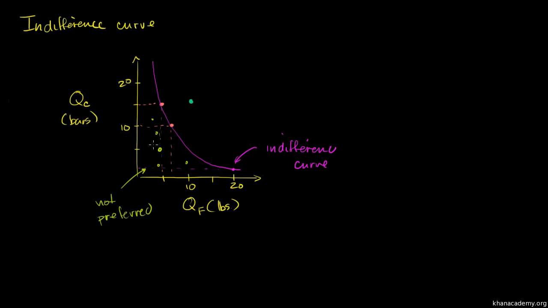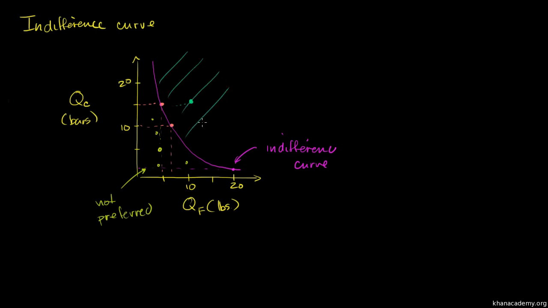And using the same exact logic, anything out here would be good. Because we're neutral between all of these points on the curve, but for this green point right over here, I have the same number of bars as a point on the curve, but I have a lot more pounds of fruit. It looks like I have 11 or 12 pounds of fruit. Assuming that I'm getting marginal benefit from those incremental pounds of fruit, and we will make that assumption, anything out here is going to be preferred.